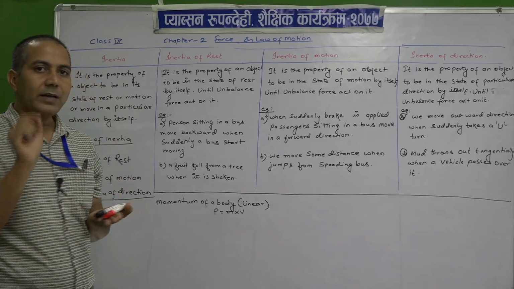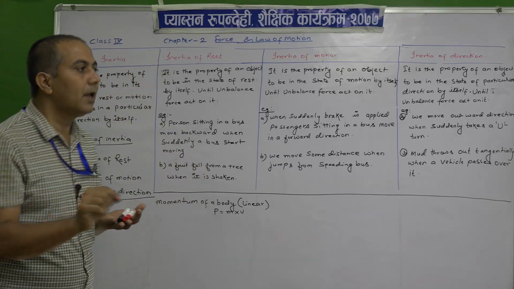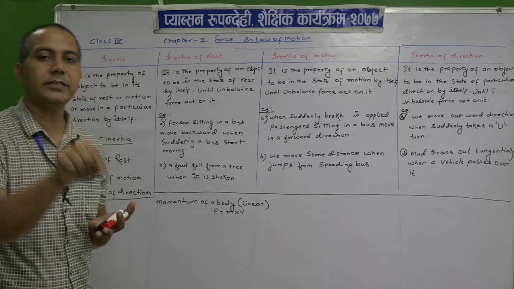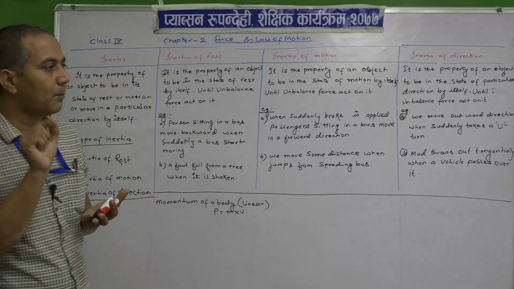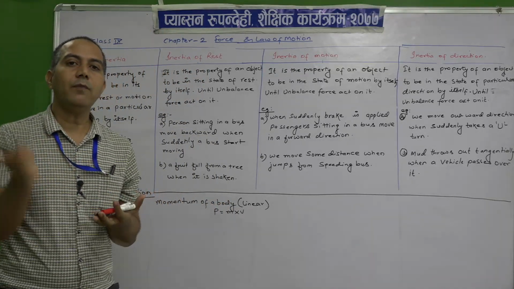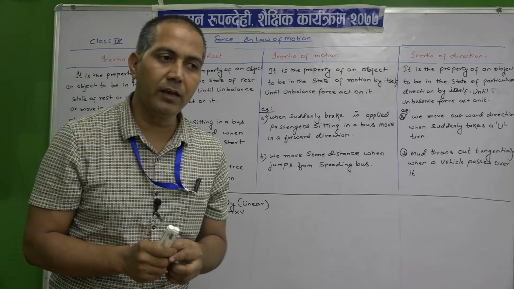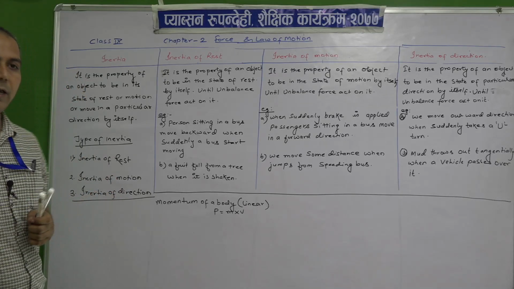So, what is inertia? It is the property of an object by virtue of which it stays in the state of rest or motion or moves in a particular direction unless an unbalanced external force is applied on it.